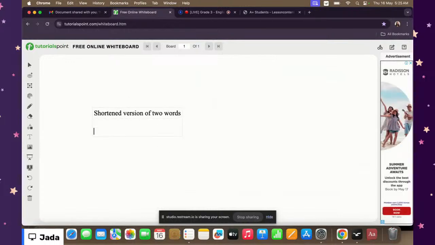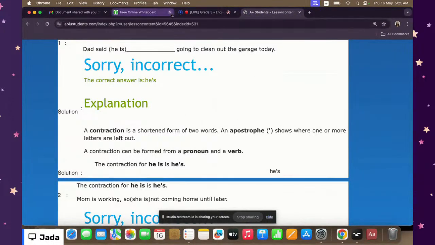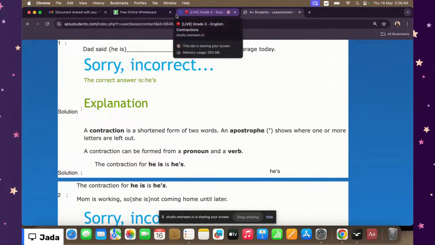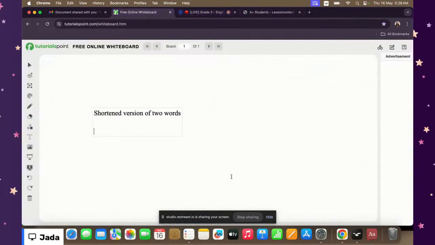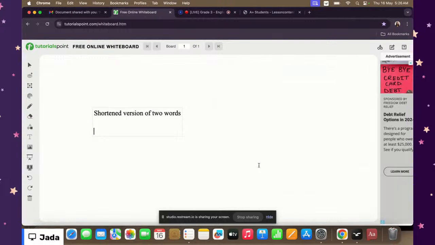Okay. So this is what contraction is: shortened version of two words. So an apostrophe shows where one or two or more of the words are left. So the apostrophe will help you.